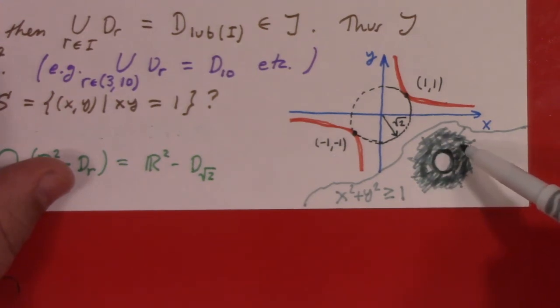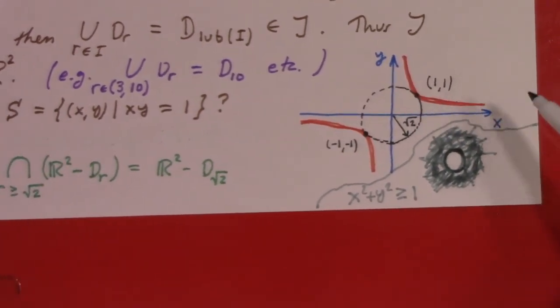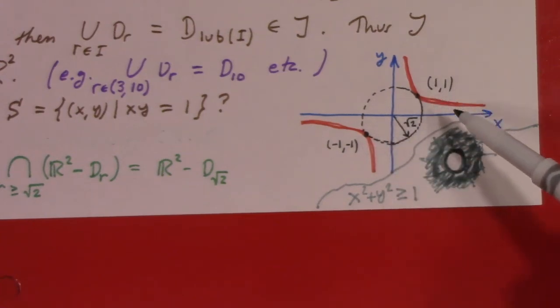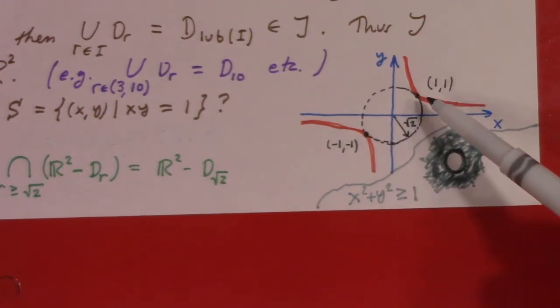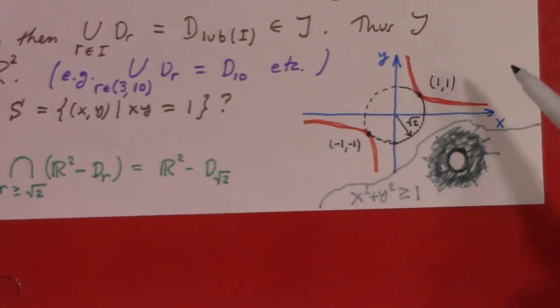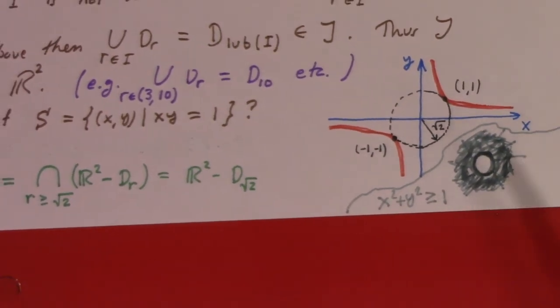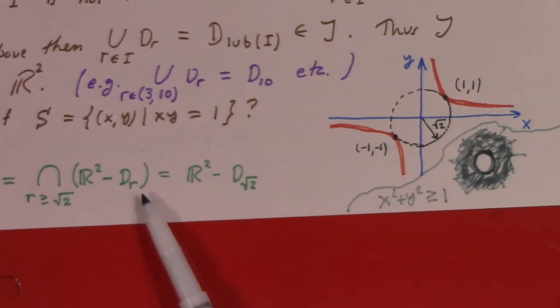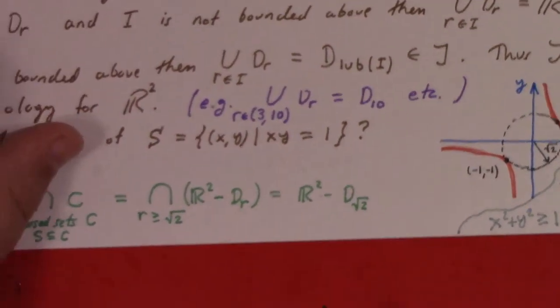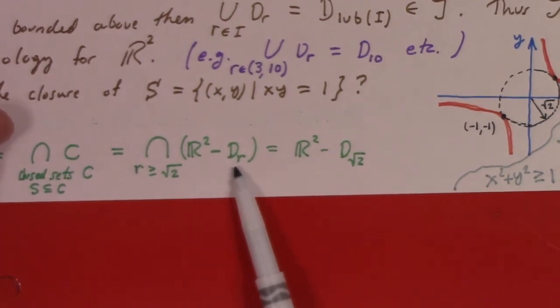The closed sets are the space exterior to circles of various radii. So if we look at the intersection of all closed sets, it starts to become clear that the intersection of all closed sets which contain the hyperbola is given by the plane with a disk removed.